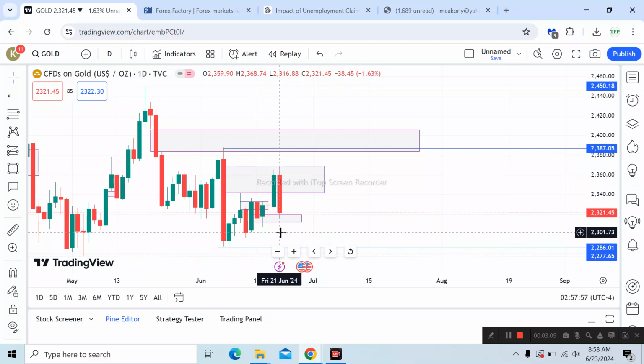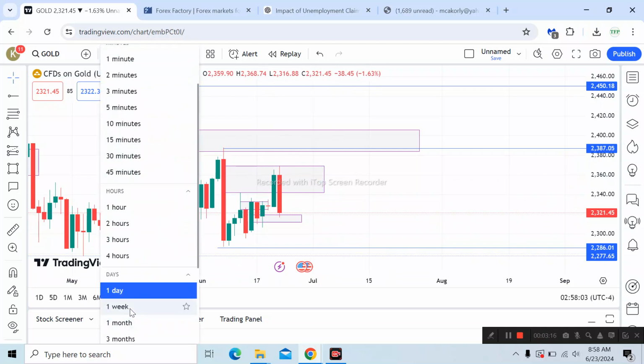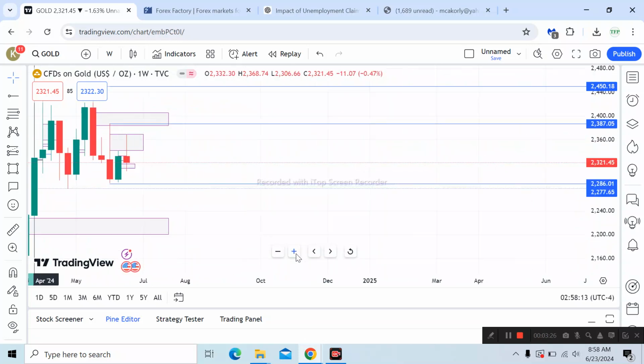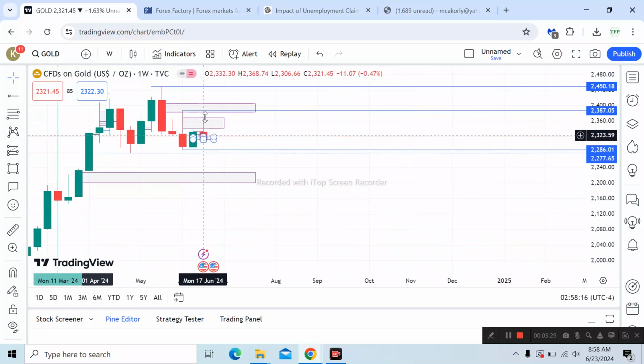So we have to check out our weekly chart and see which buyers we are going to get for the week. On the last weekly candle, we can see that price formed the sell over here.